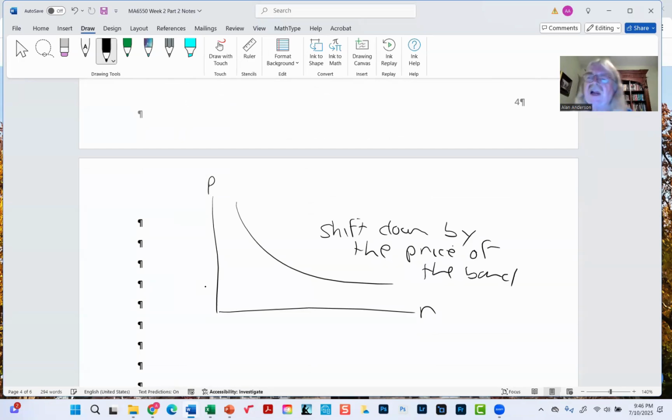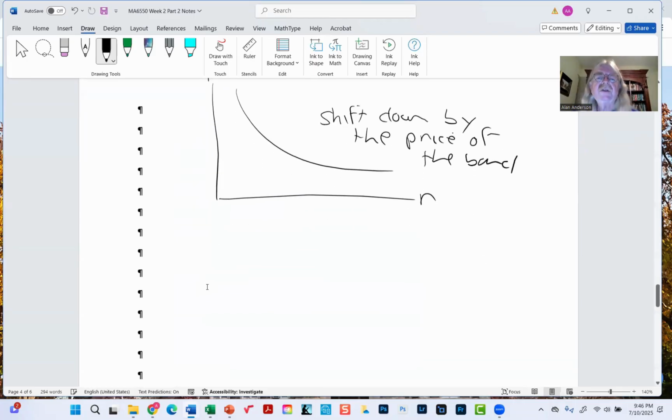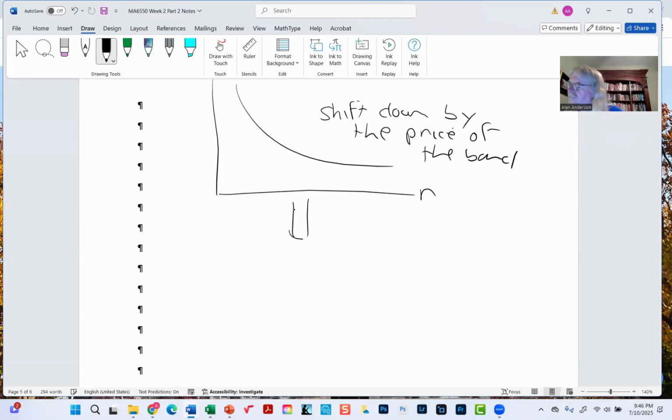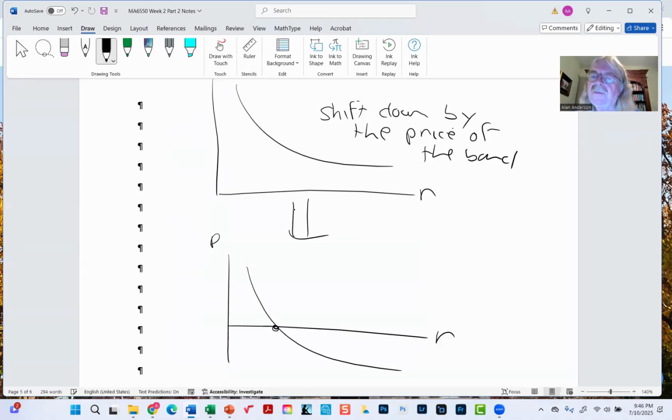Or in other words, think of it as subtracting that constant from every point along this curve so that you end up with this. And right here is what we're looking for. Instead of a zero here, we have the market price, and this is the bond's yield to maturity.